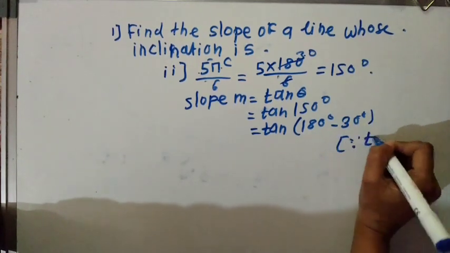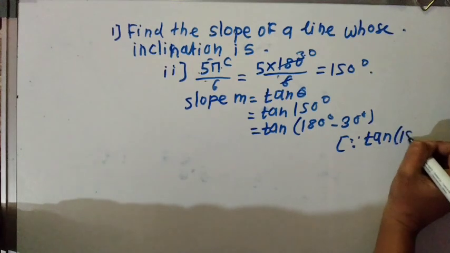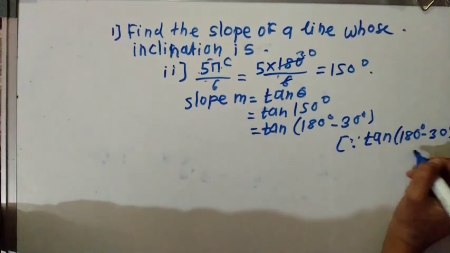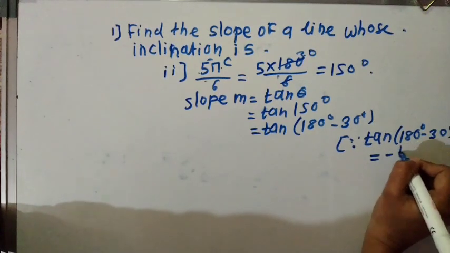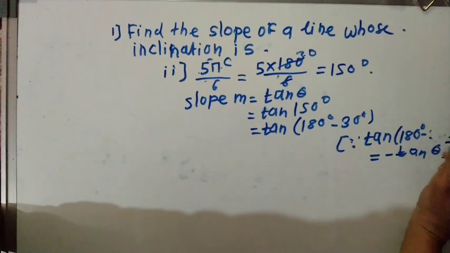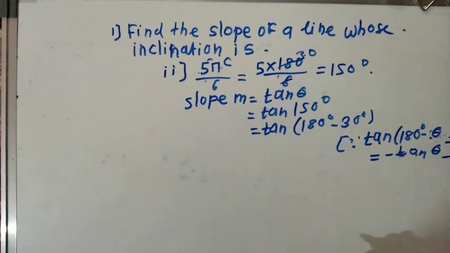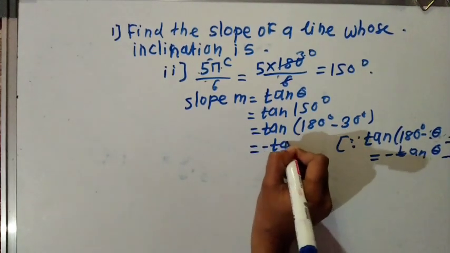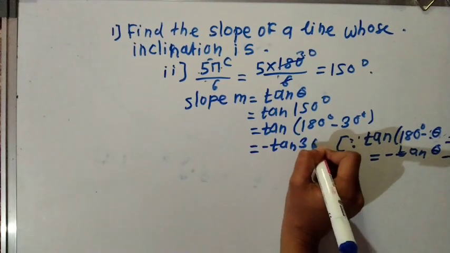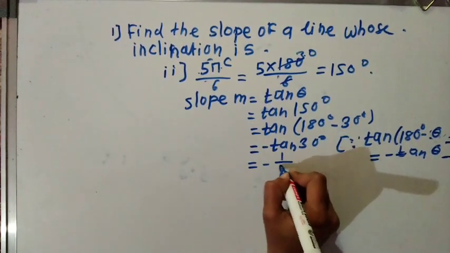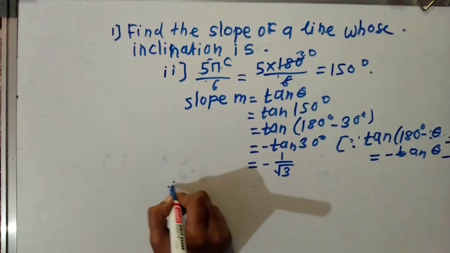Since tan of 180 minus theta is equal to minus tan theta, we get minus tan 30 degrees, but tan 30 degrees is 1 upon root 3.